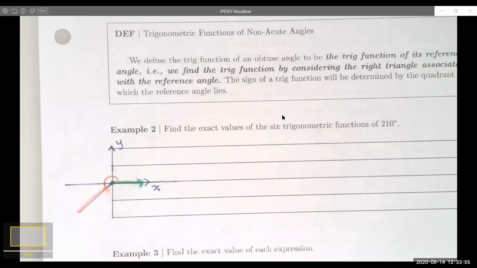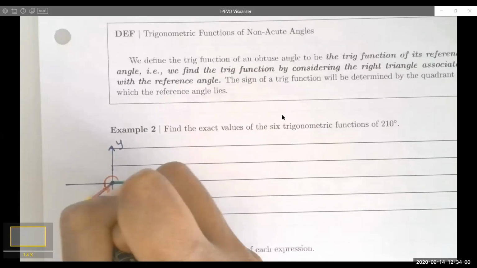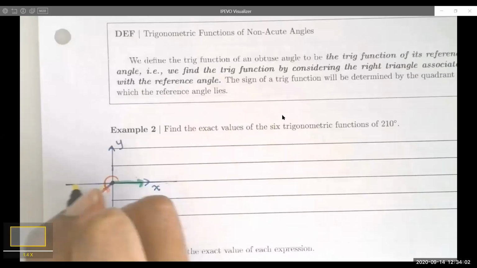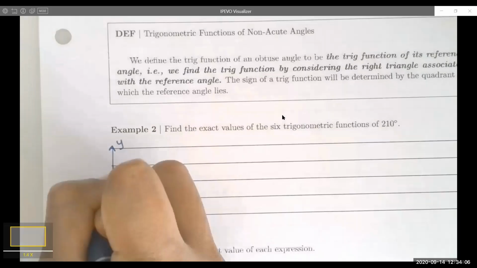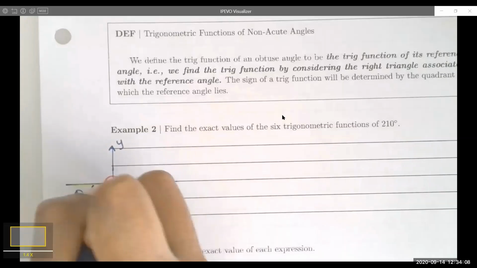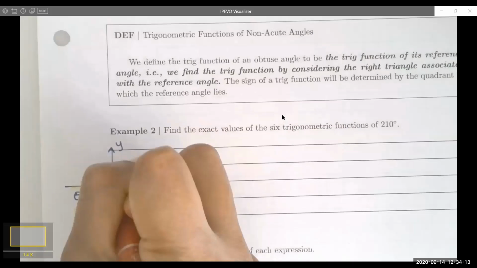The reference angle is going to lie between the terminal side and the x-axis, the part of the x-axis that makes the angle acute. So that would be the negative x-axis in this case. And so that's going to be our theta prime. Again, this red angle is the original 210 degrees.